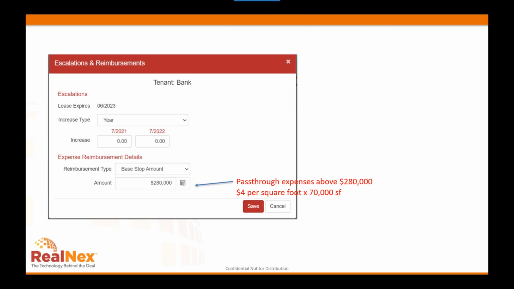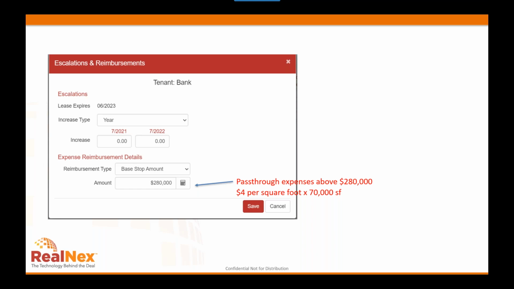Okay, so in this case, for the bank, the lease expires June of 2023. We're going to assume that it could increase after that, although in this case, I guess we're assuming 0 increase on an annual basis.